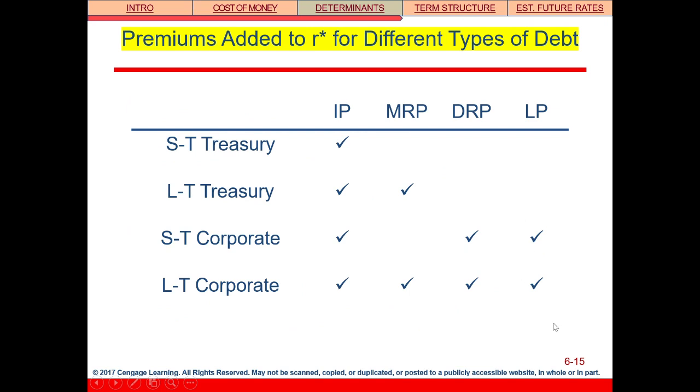And then the other differentiation is between short-term and long-term. Remember the maturity risk premium that we just discussed. We say the longer the maturity, the bigger the maturity risk premium. So for short-term bonds, no matter whether it's short-term treasury or short-term corporate, when we say short-term, we mean maturities within 1 year. If maturity is within 1 year, then usually interest rate won't change too much over that year, because it's just 12 months, right?